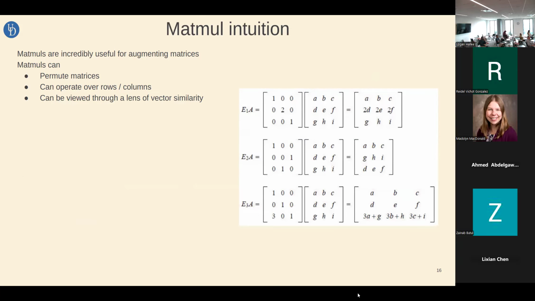I wanted to highlight that there are things called permutation matrices. The most simple one is, of course, the identity, which does nothing to the matrix.